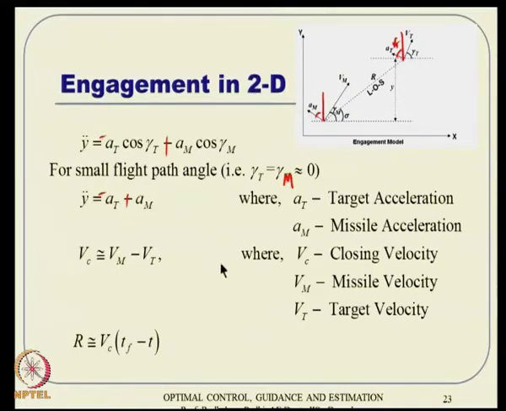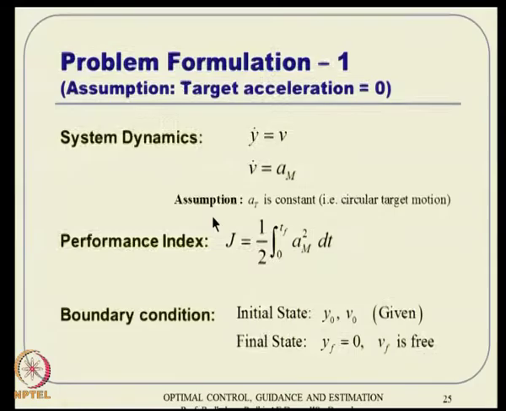So this y double dot is this restriction, this constraint, and the first case that we will talk about is AT is 0. The lateral acceleration command for the target that you are assuming is 0. That means target continues to move in the same direction. So, when you have target acceleration 0, then y double dot, which is v dot actually, since y dot is v, so v dot is AM.